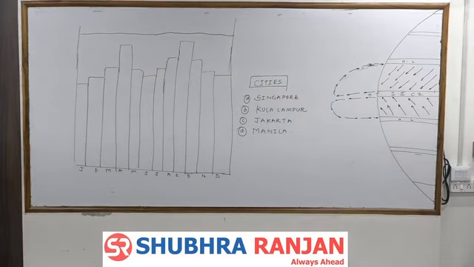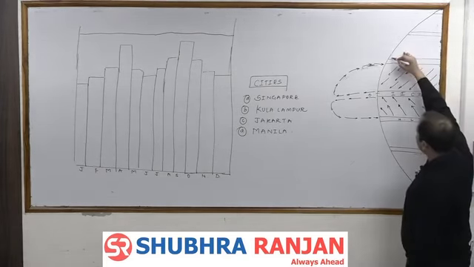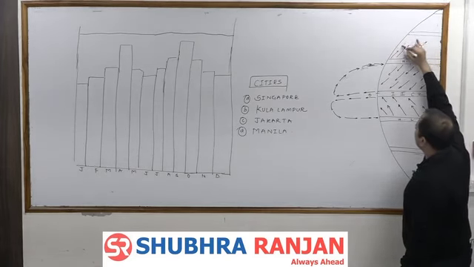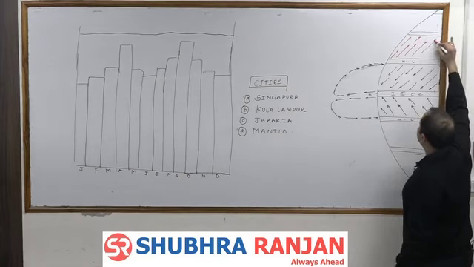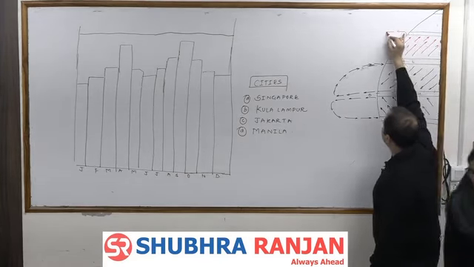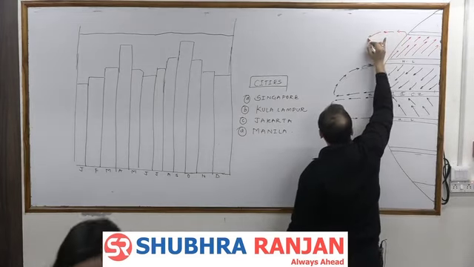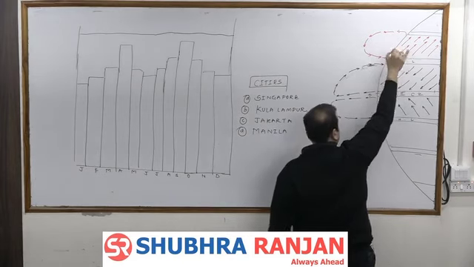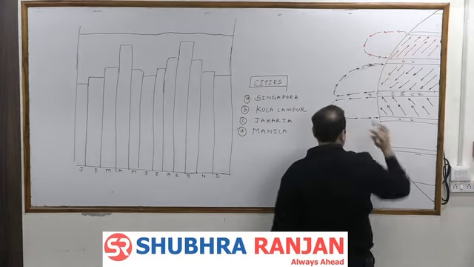Similarly, we have another winds which are known as westerlies, which will go here from the high pressure belt, and after reaching this high pressure belt, these winds will be forced to rise up. After rising upwards, they will come back to their original position and settle down here on the ground. This is the ground, this is the upper atmosphere.